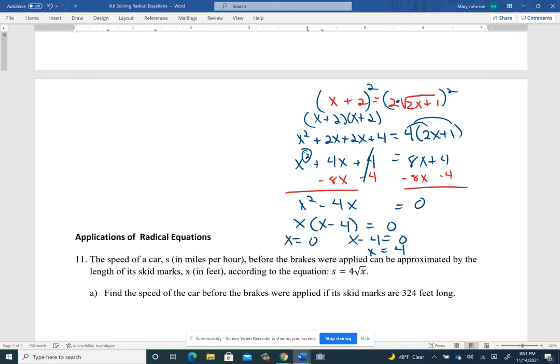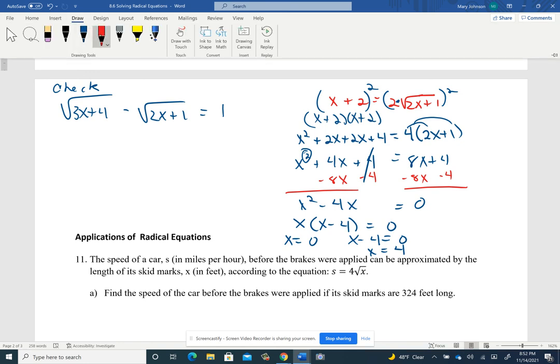All right, so I'm going to go back and look. Let me find it on my paper. The original problem we had at that point was the square root of 3x plus 4 minus the square root of 2x plus 1 equals 1. So for my check, I'm going to plug in 0 one time, see what happens.